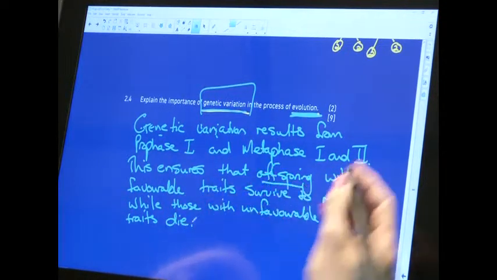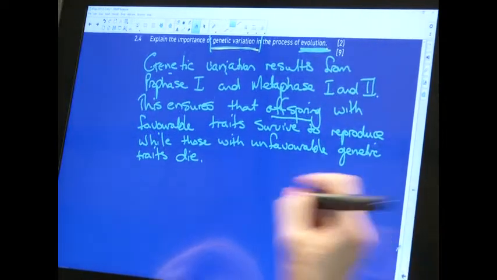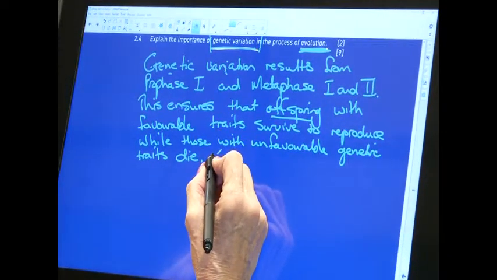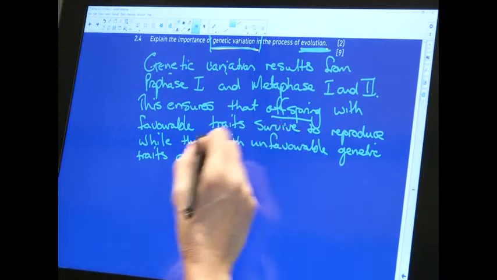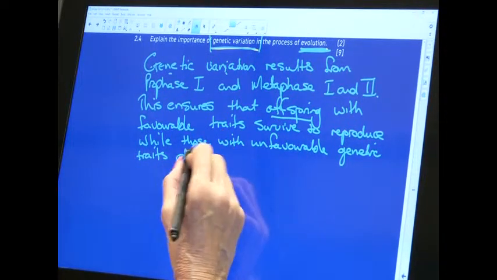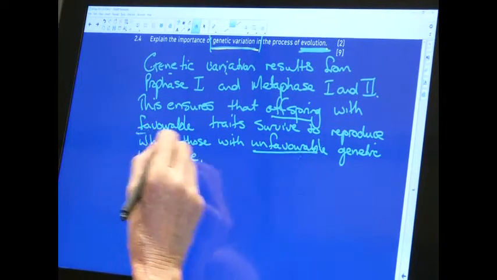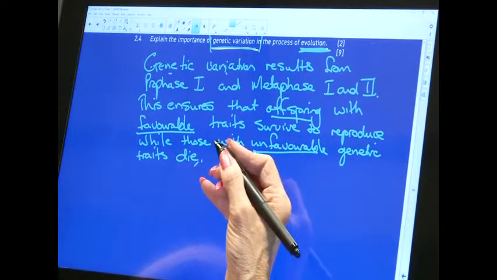Okay, that's the basics of Darwin's evolution and natural selection. So those with the favorable traits, they survive and reproduce, while those with unfavorable, okay, genetic traits die.